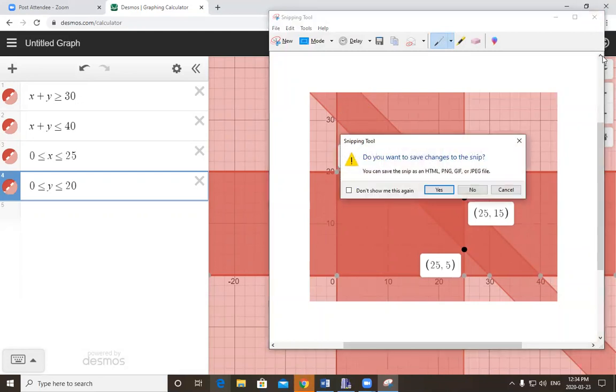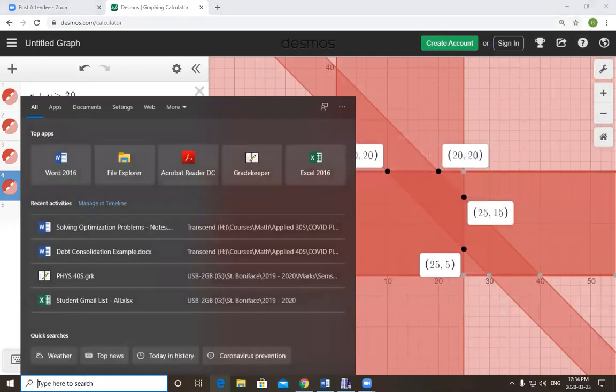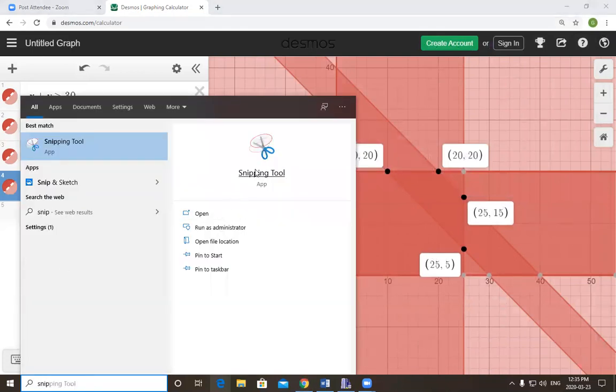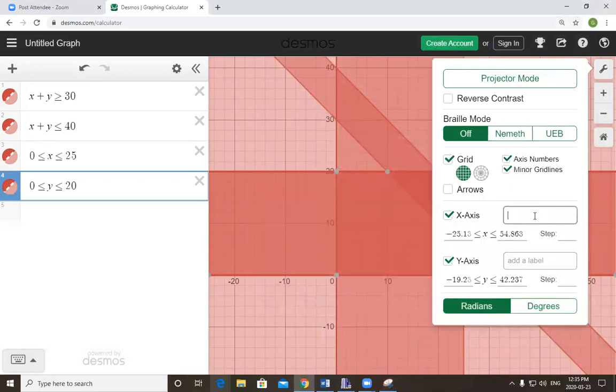So we'll go back here. x is the number of cars produced daily, and y is the number of SUVs produced daily.